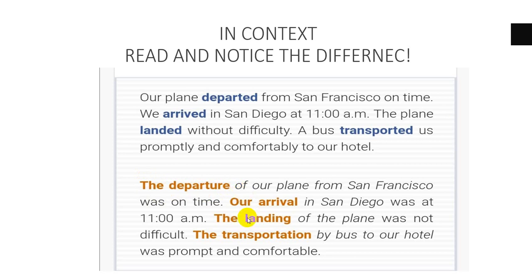This also applies to the words the landing and the transportation. I hope this is very helpful for you. Please, I want you to read it first many times and copy these two texts into your notebooks to differentiate between these differences, okay, and to recognize them.